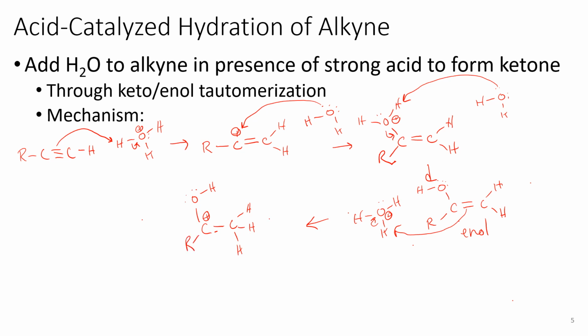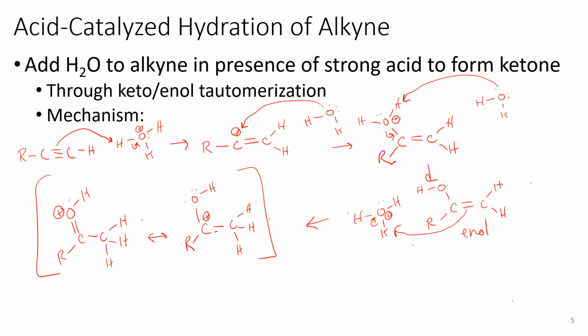And that carbocation is adjacent to the oxygen of the alcohol. So through resonance, that generates for us a double bond between the oxygen and the carbon to move the positive formal charge onto the oxygen instead of the carbon.